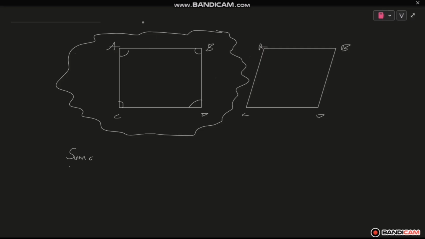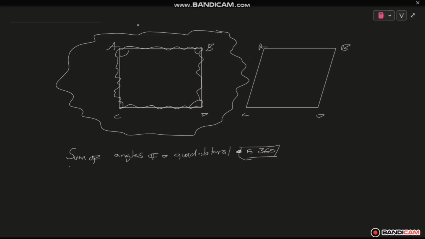The sum of angles of a quadrilateral is 360, meaning when you add all of them they give you 360. Then we have AC, BD, AB, and CD.